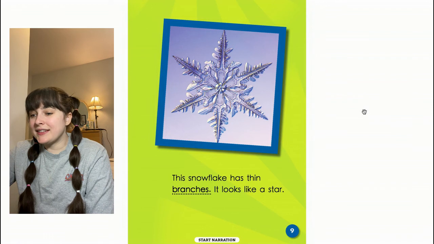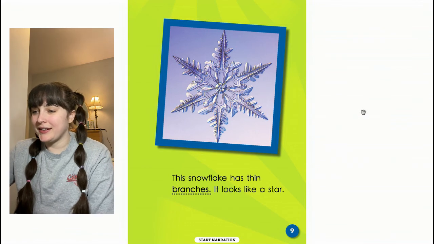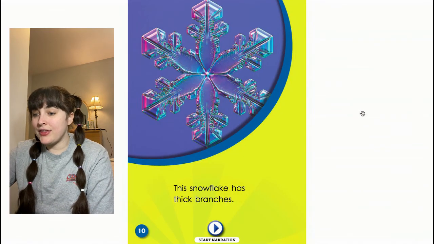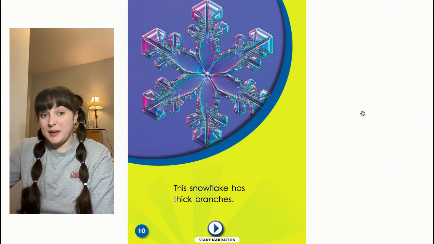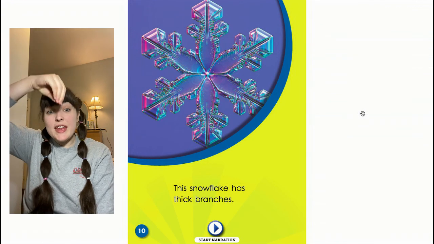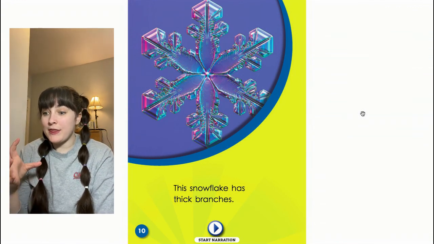This snowflake has thin branches. It looks like a star. That's a beautiful snowflake. Oh, this snowflake has thick branches. So that means they're bigger. Thin means skinnier, and thick means bigger.